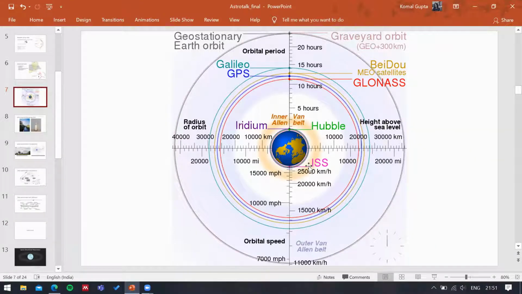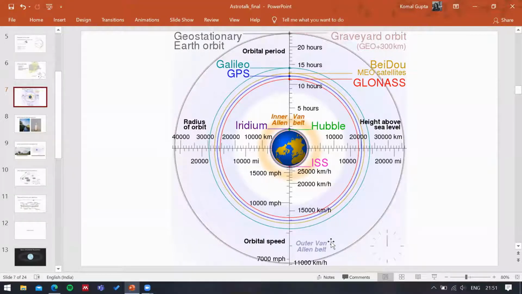It interferes with the satellites and the communication, and it's bad for the circuits in the satellite. So it's not ideal to put any object inside the Van Allen belt. That's why low Earth orbit ends at the inner Van Allen belt.